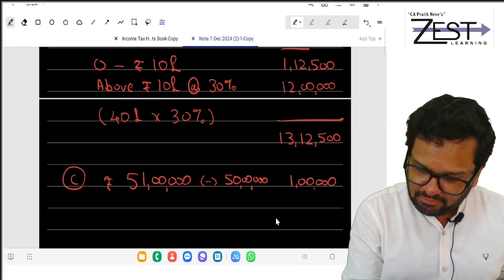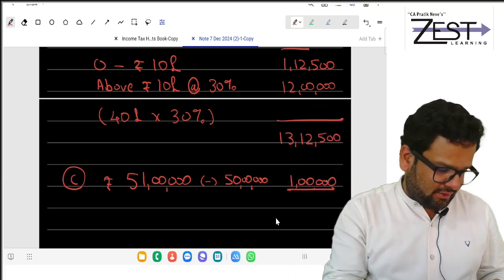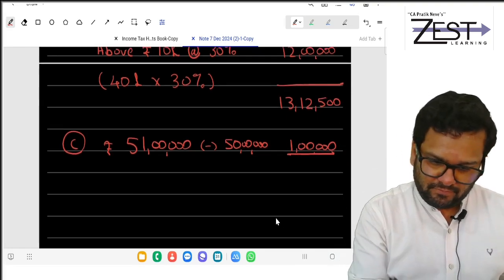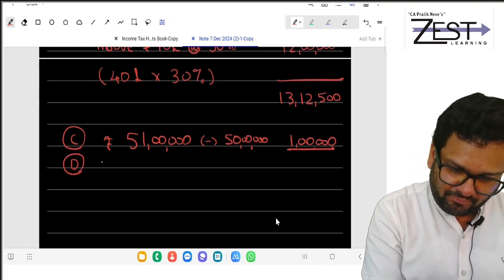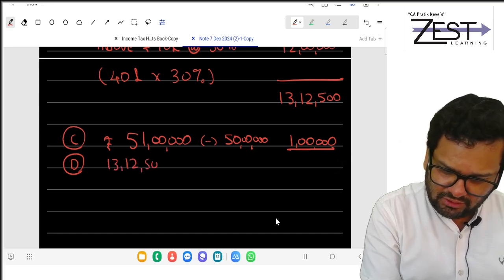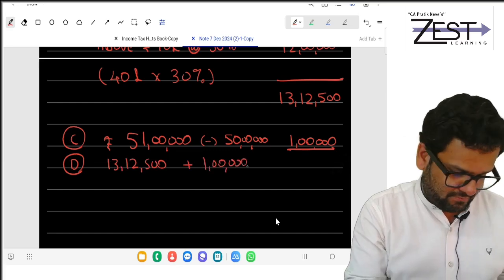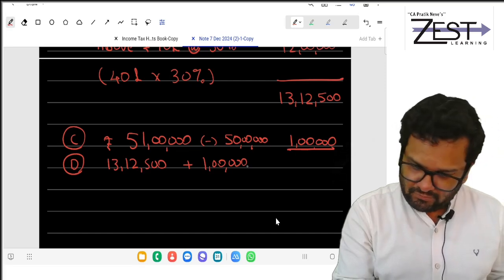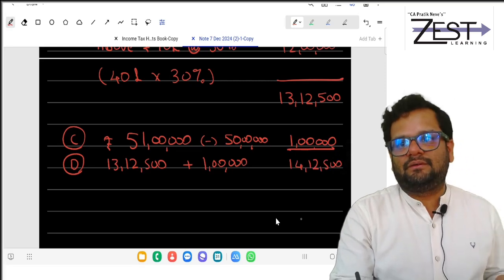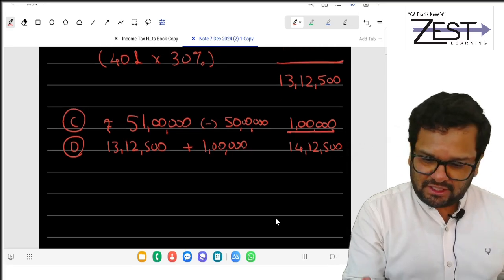So please pay that off, 1 lakh. And now calculate what is your total of both. Total means 13 lakh 12,500 plus 1 lakh. How much? 14 lakh 12,500. Did you all get 14 lakh 12,500 in D step?